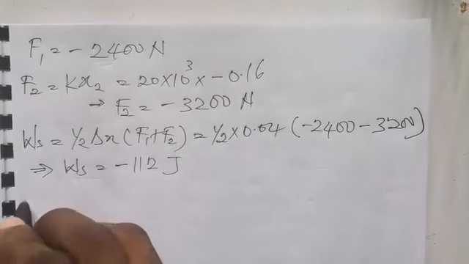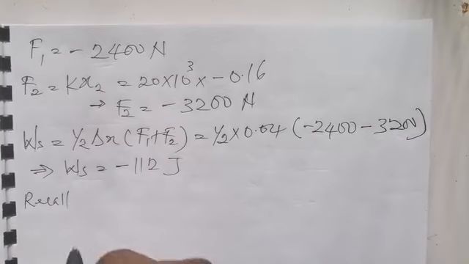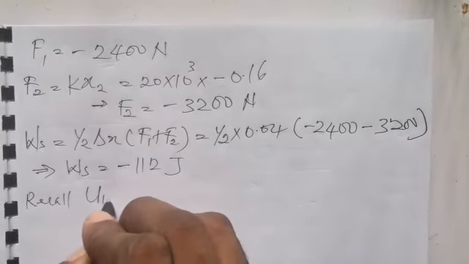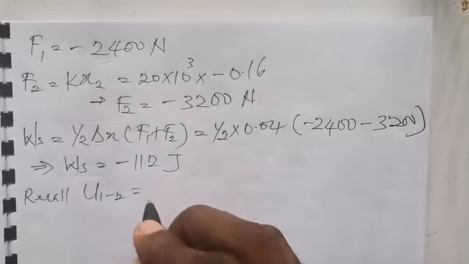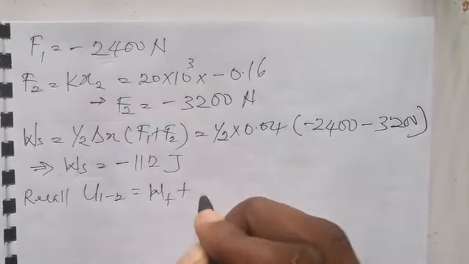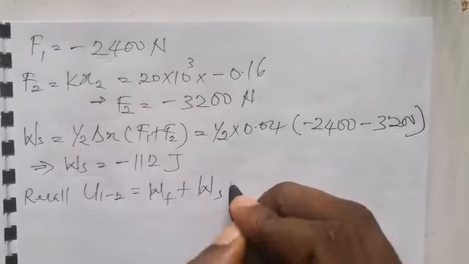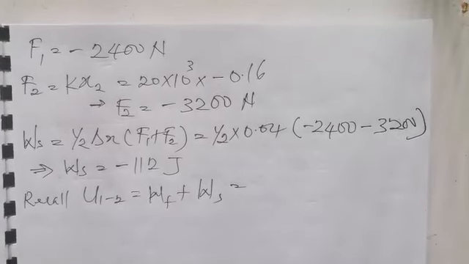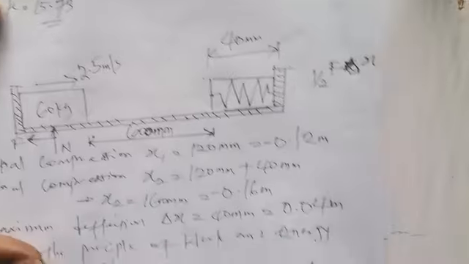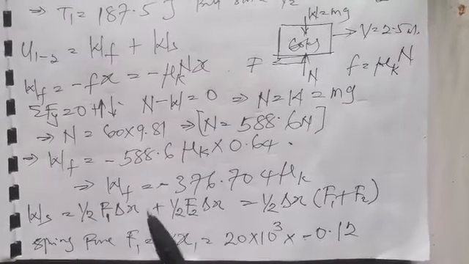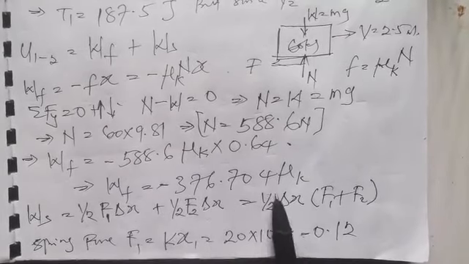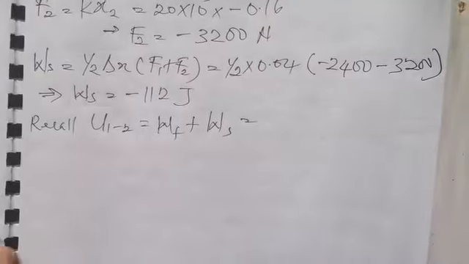So recall, we said that total work done U1 to 2 is equal to the frictional work done, WF, plus the spring work done, WS, and this is equal to, not forgetting our frictional work done, we obtained minus 372.704 mu K. So we plug it into that equation.